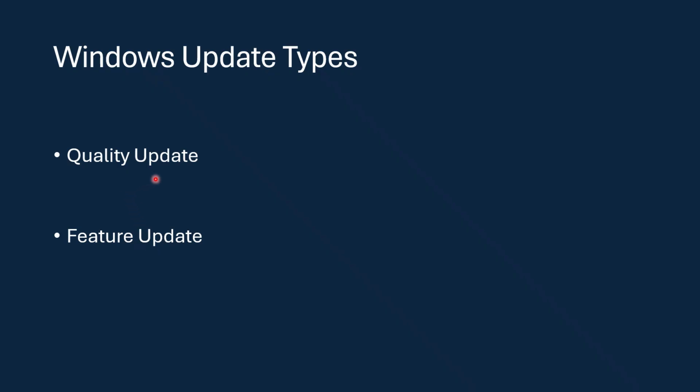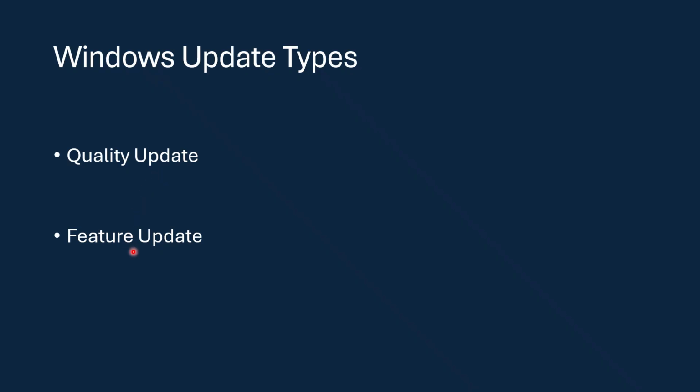The quality update is for fixing security issues and improving performance. These updates are released almost every day, every week, and they are downloaded and installed automatically on your computer. Sometimes they are small updates, but very important.